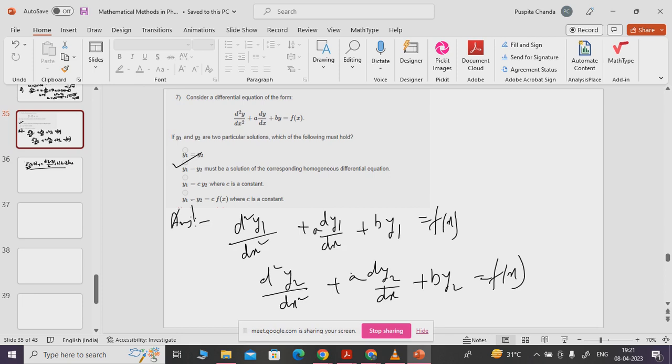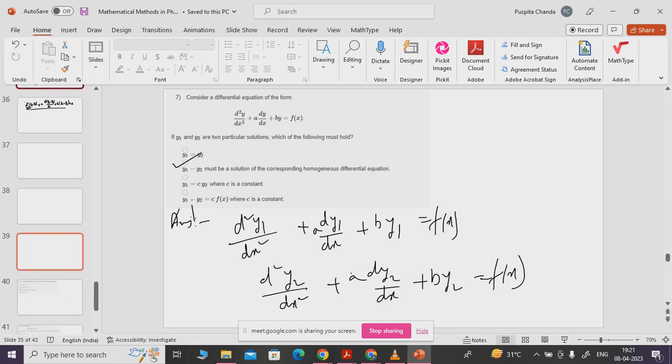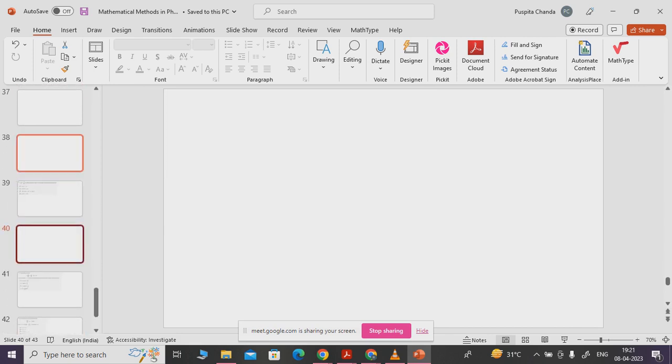And we also know that the total solution of any second order differential equation is the complementary function plus the particular integral. The complementary function is the solution of the corresponding homogeneous differential equation. So y1 minus y2 is a solution of that differential equation.